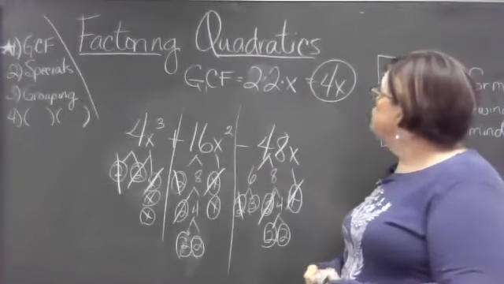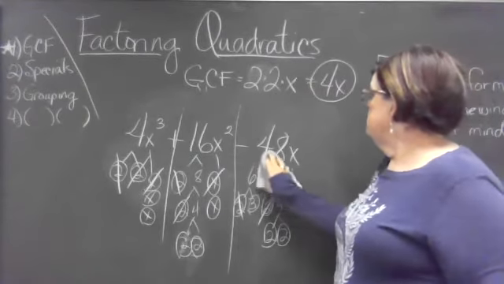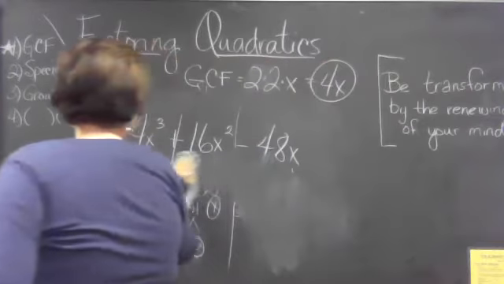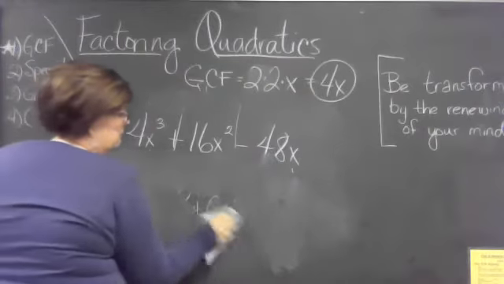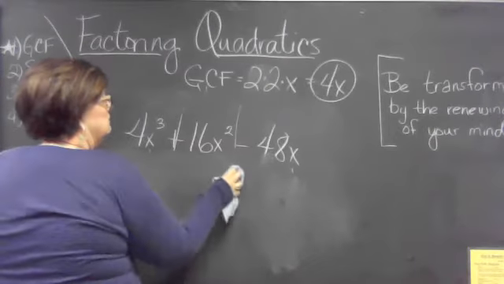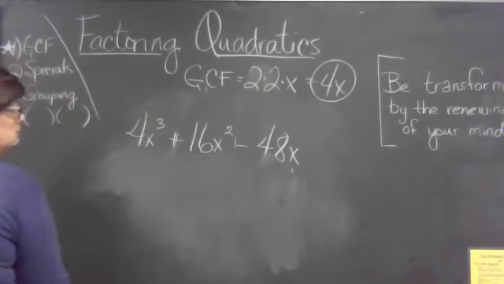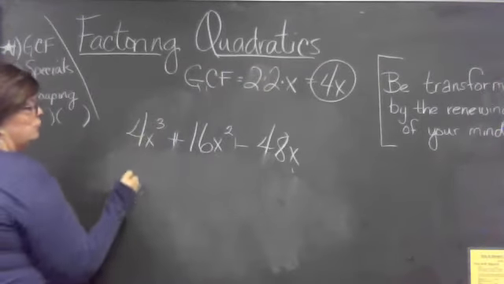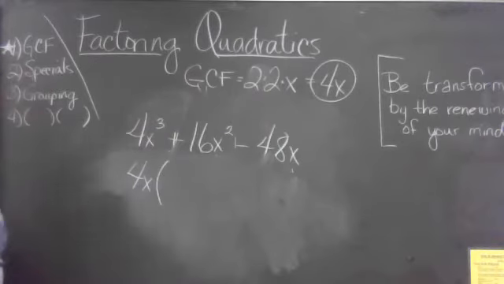Now that we know what the greatest common factor is, let's factor it out. Okay, so I said the greatest common factor is 4x. That's what I'm going to write out front, because that is what I'm going to divide out of every piece.